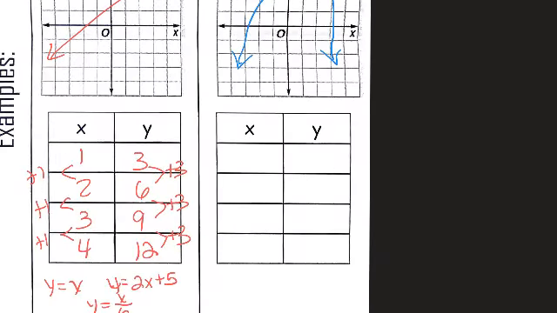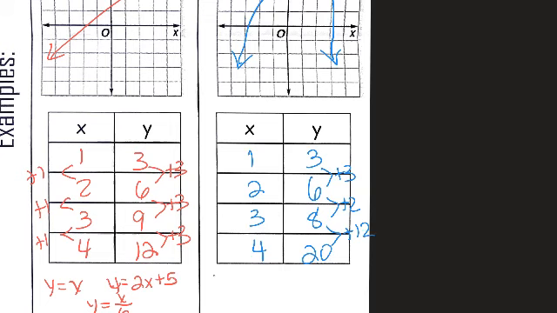So for example, you might have 1, 2, 3, 4, so it's all going up plus 1, plus 1, plus 1. But then you might have 3, and then 6, and then 8, and then 20. And that's plus 3, plus 2, plus 12. That is not a constant rate of change.